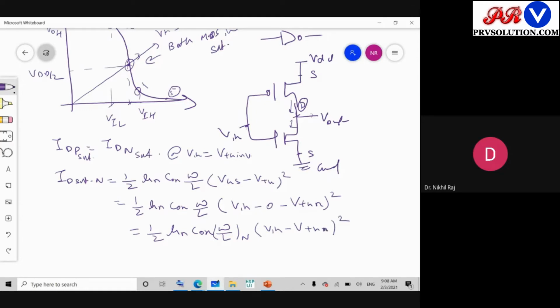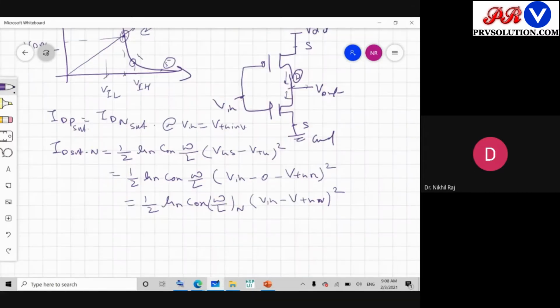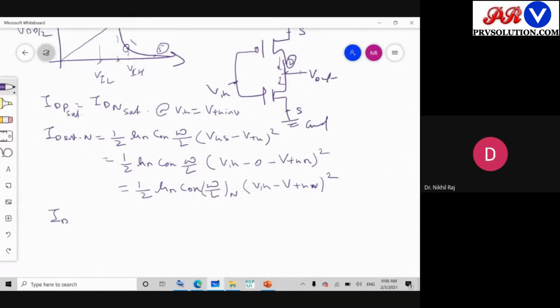So this is the ID sat of n, and what will be ID sat of P? Half mu P Cox W by L of PMOS into (VSG minus mod of VTH of P) whole square. Now, if we don't consider mod, then what can we write here?